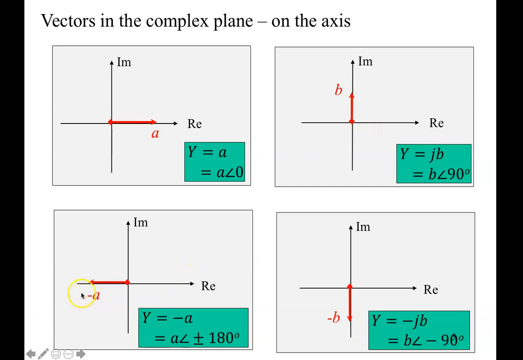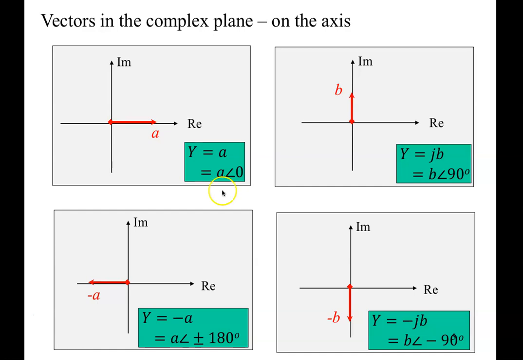If you have a negative real number, on the complex plane it's pointing towards the negative side of the real axis. So you have an angle of 180 degrees. You can have a positive 180 degrees, and we can also have a negative 180 degrees. Both are the same because they end up with the same number. The magnitude here is A. The angle is 180 or minus 180.